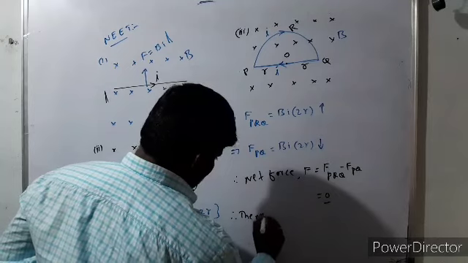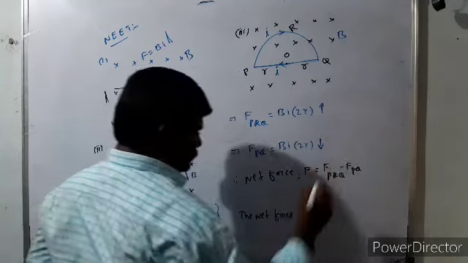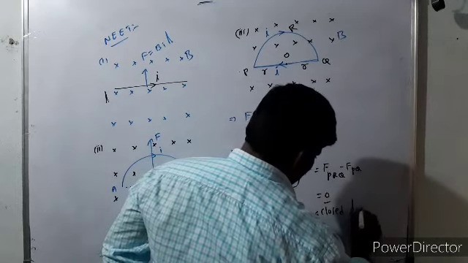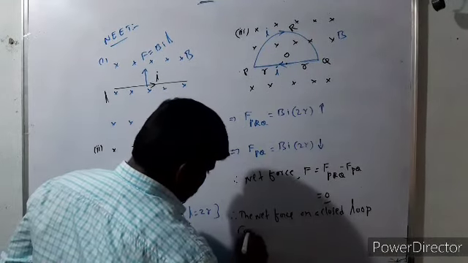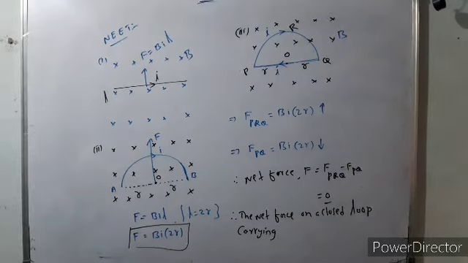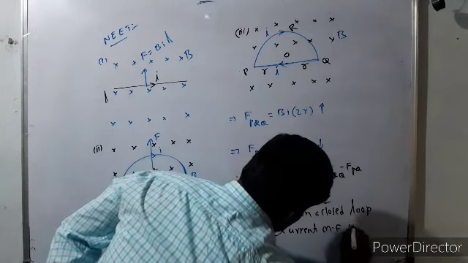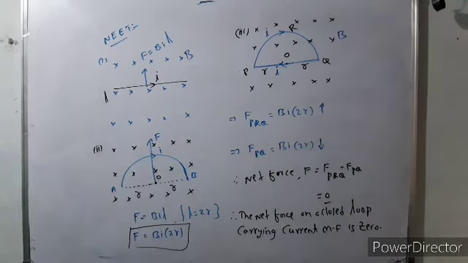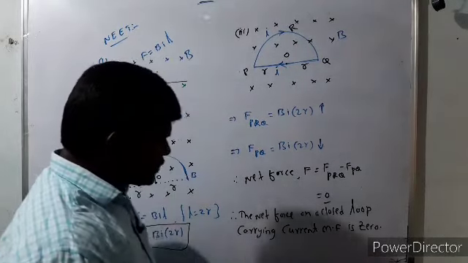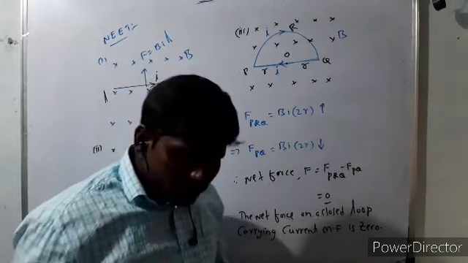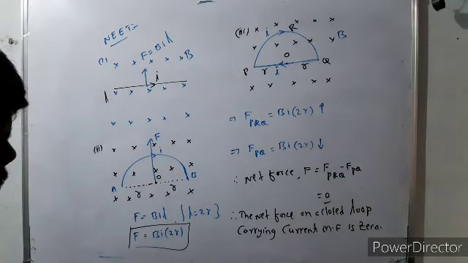The net force on a closed loop carrying current in a magnetic field: that means if the current forms a closed loop, then the force on the conductor in the magnetic field is 0. Okay, students, these are some points.